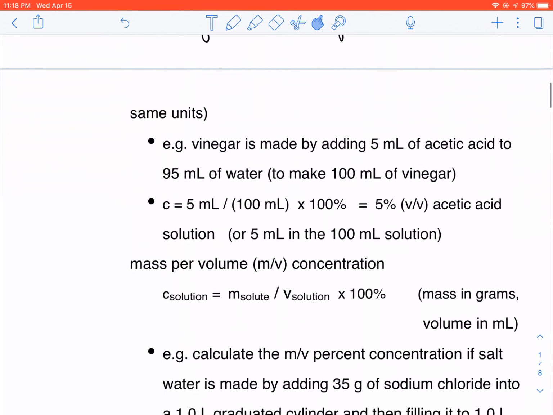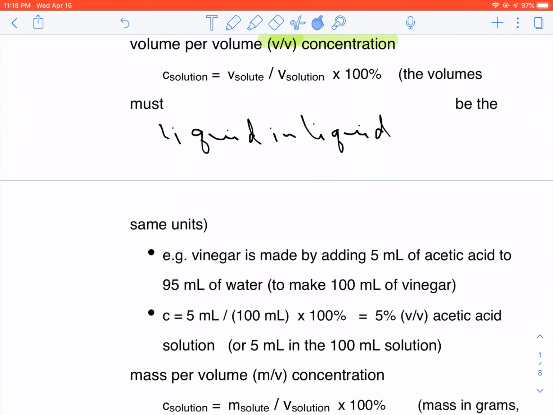For a mass per volume concentration, you probably can imagine it's going to be the mass. In other words, I'm going to weigh it, how many grams are there in 100 milliliters of solution. So if I've got 1 gram in 100 milliliters, it's a 1% solution. If I've got 10 grams in 100 milliliters, 10 out of 100, that's 10%. I've got a 10% solution.